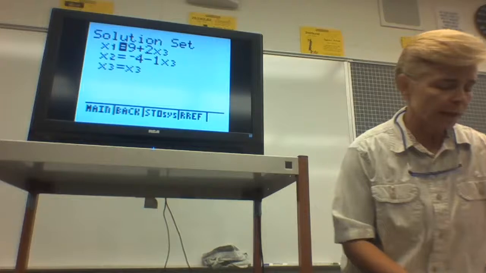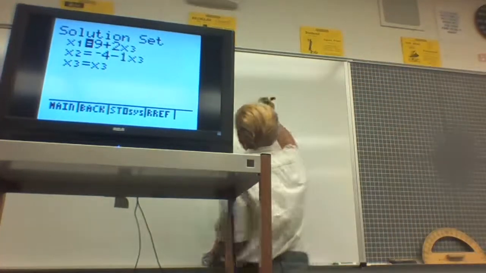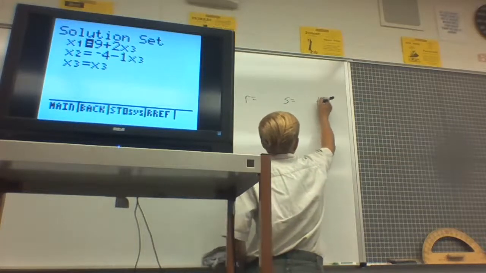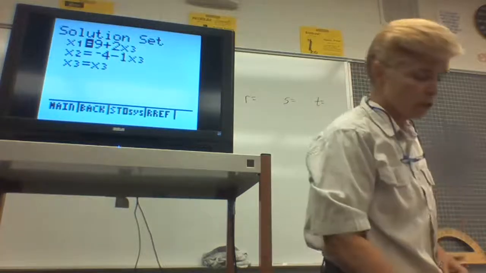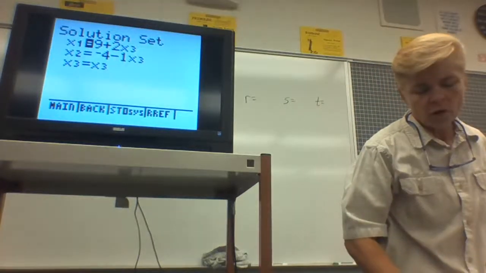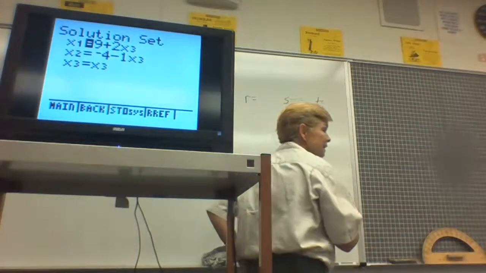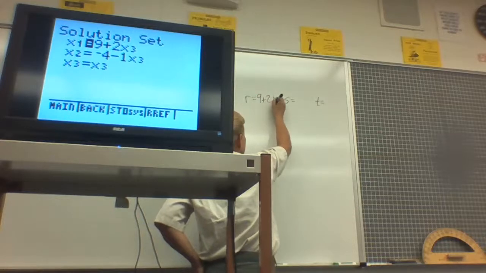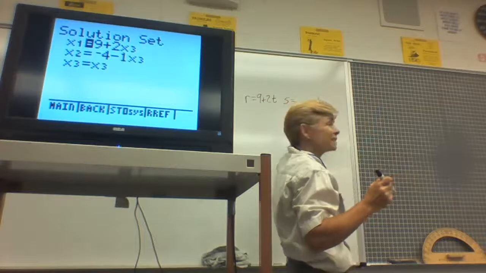So when you have the blanks like this, when it says r equals, s equals and t equals, you are going to write this from this information that you see here. You're going to write for r 9 plus 2t. Do you see why that must be? Because x3 is the same as your third variable, and it's t.